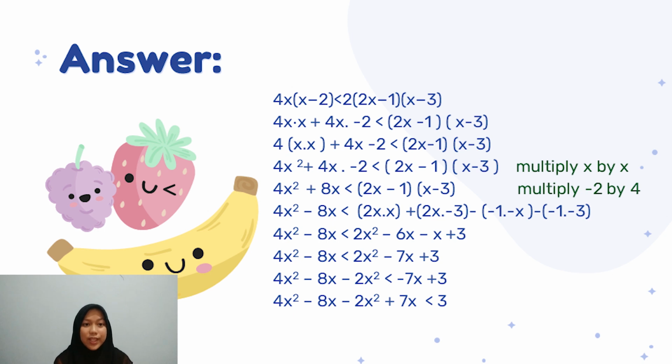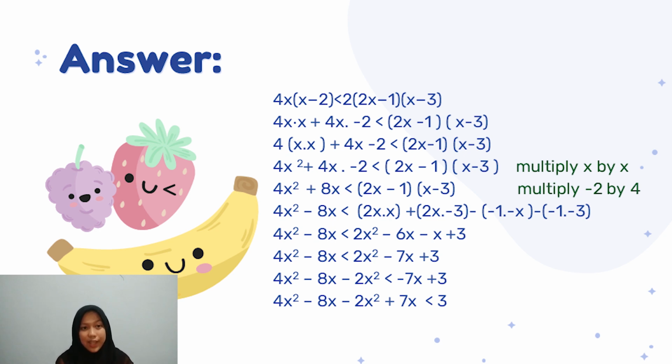And next step, simplify each term. And then x squared minus 8x is less than 2x squared minus 6x minus x plus 3. And then, subtract x from minus 6x. And then x squared minus 8x is less than 2x squared minus 7x plus 3.